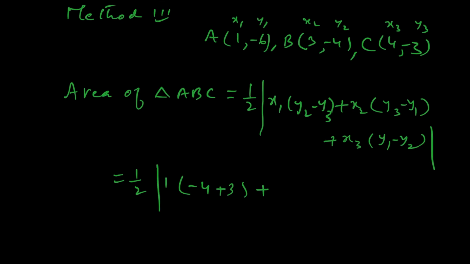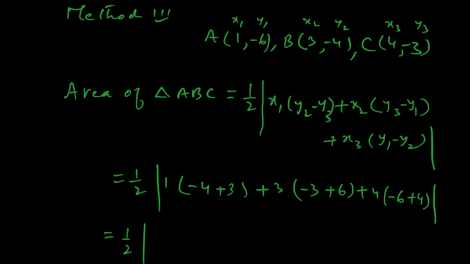Plus x2, which is 3, bracket y3 minus y1: y3 is minus 3 minus y1 is minus 6, means plus 6. Plus x3, which is 4, bracket y1 minus y2: y1 is minus 6, y2 is minus 4, means plus 4.